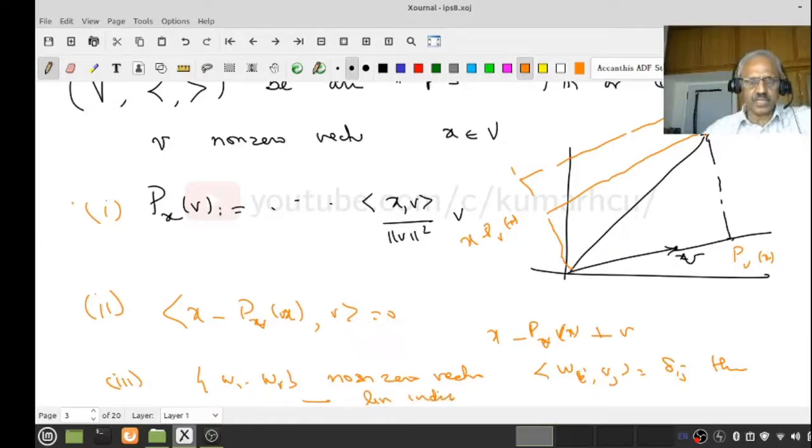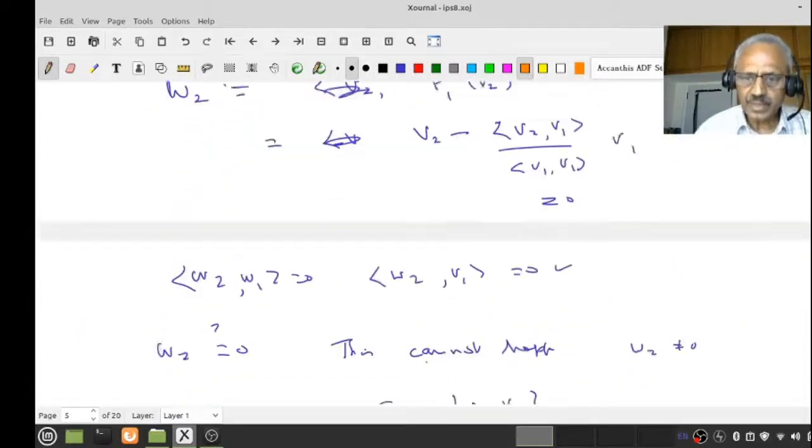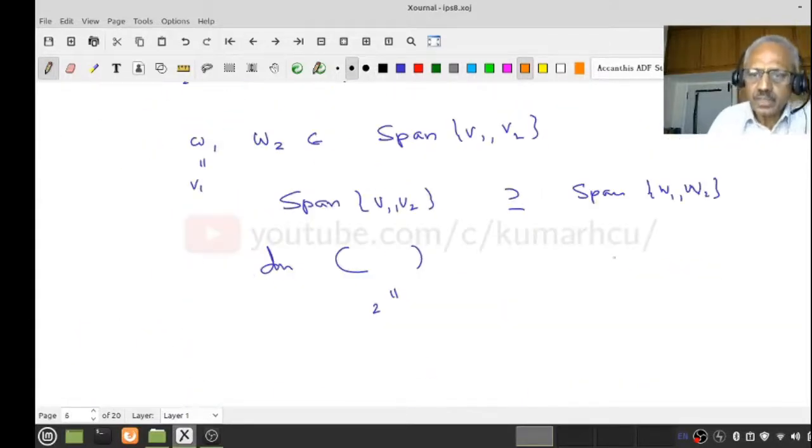This we saw in the last lecture. Let's come back. So this dimension is also 2. Are you following? The dimension of this is also 2, and it is a subspace of this space which is of dimension 2. Therefore, equality holds.